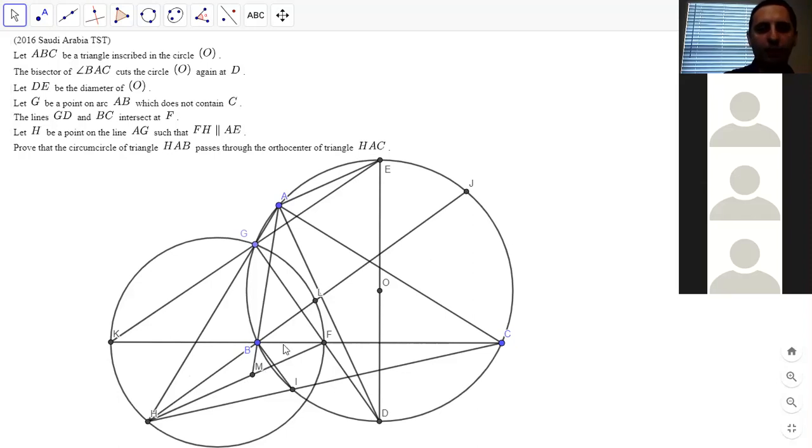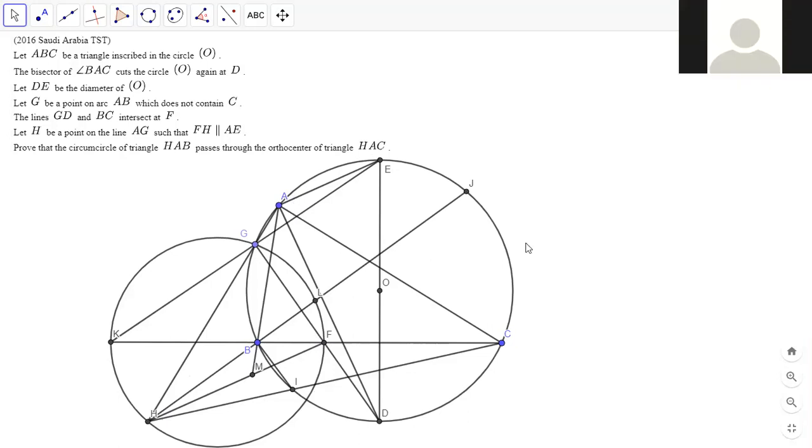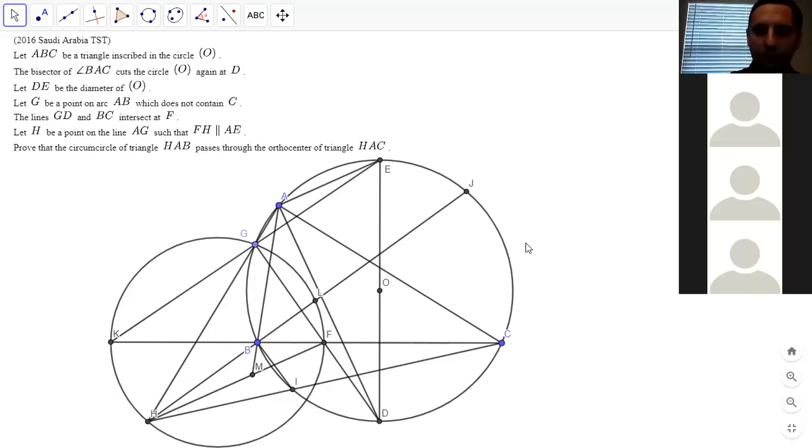So basically we could prove that M lies on the angle bisector of BHI, right? So I think Khan's idea worked, or I'm sorry if it was Khan or Geo King or maybe someone else that mentioned it, but I think this idea works.